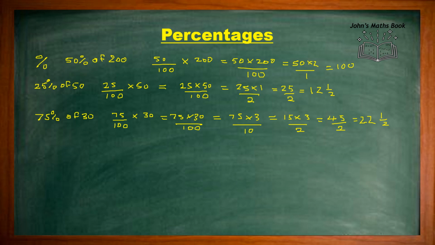So one more example. Let's look at 66% of 120. So this is 66 out of 100, so it's 66 out of 100 multiplied by 120.